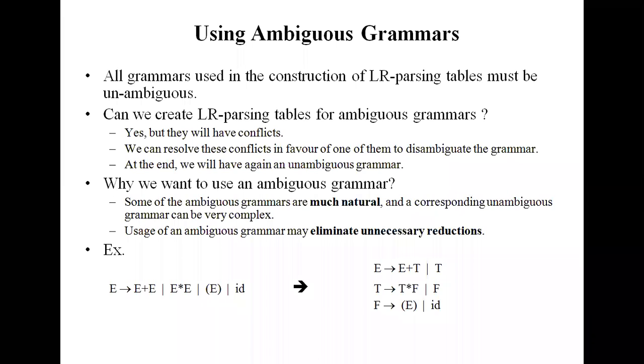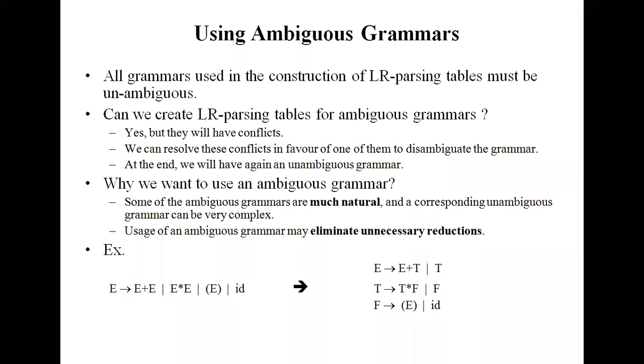And we can create LR parsing tables for ambiguous grammars, but they will have some conflicts. If the table has conflicts, we conclude that therefore the given grammar is not an LR of 0 grammar, LR of 1 grammar, or CLR of 1 grammar.